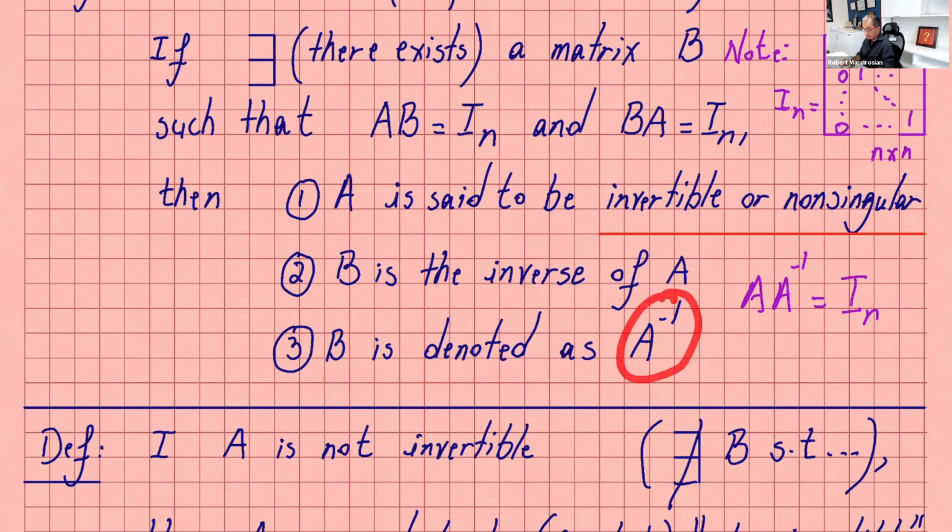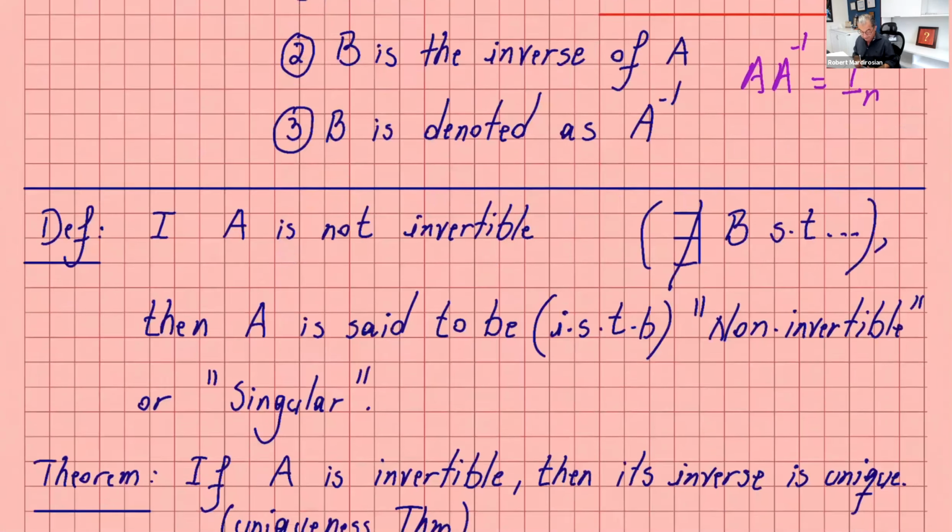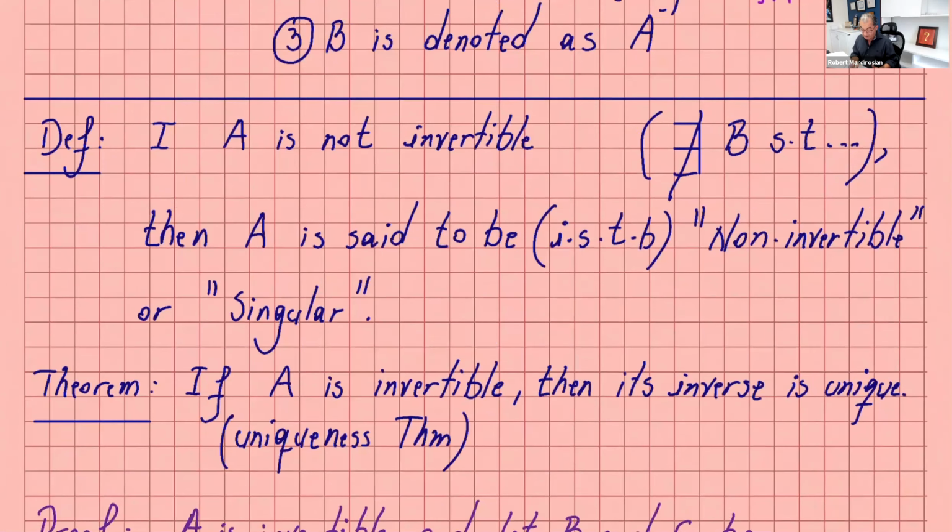Whenever you see this, that means the inverse of A. Always we know that A times A inverse is the identity matrix. So each time you have a matrix and you multiply that by another matrix and you get the identity matrix, that means those two matrices are inverses of each other. If A is not invertible, that means we can have an n by n matrix that will not be invertible.